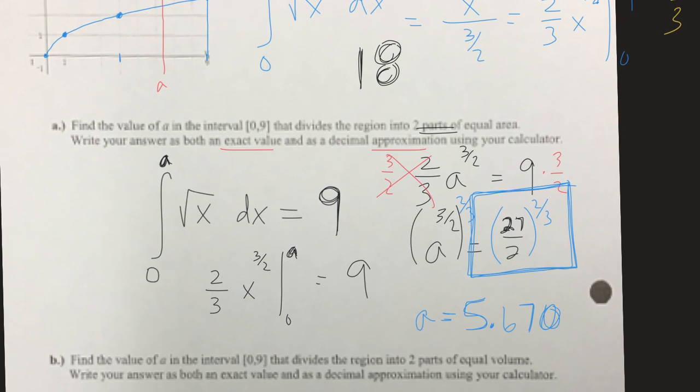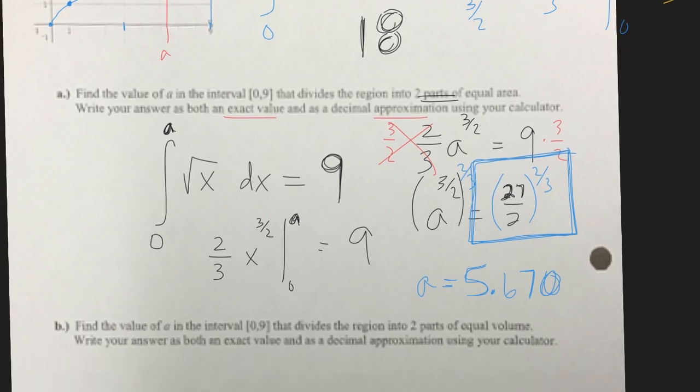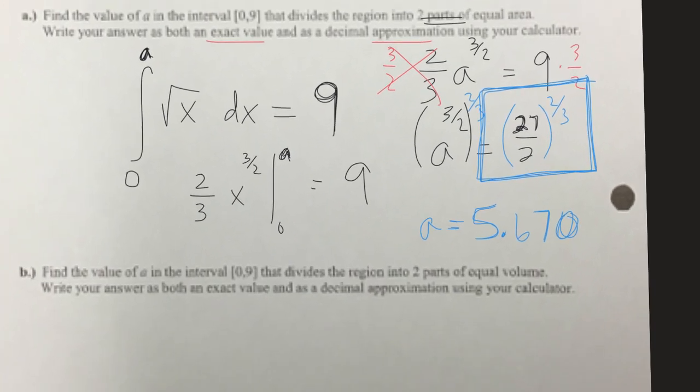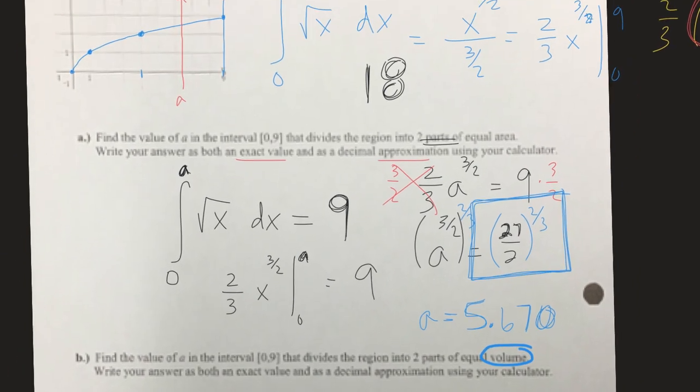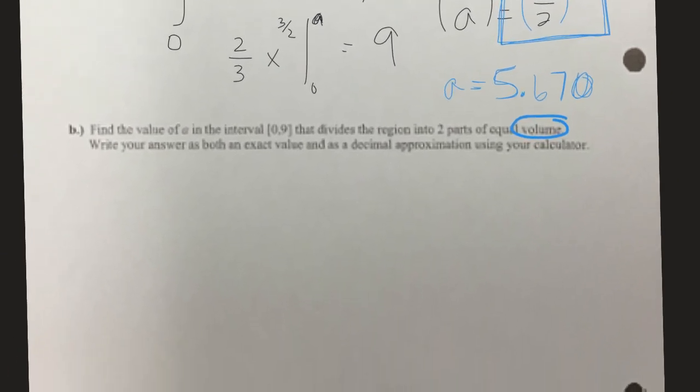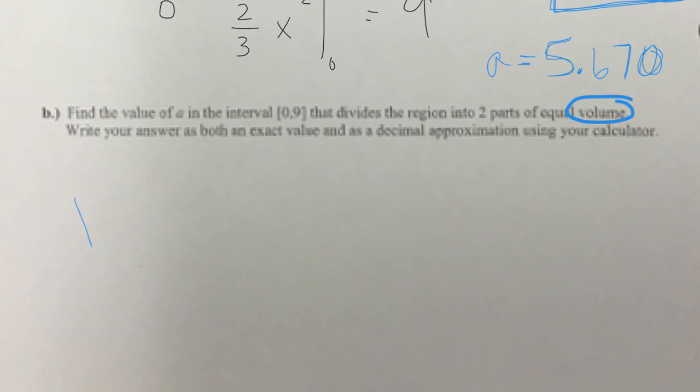Okay, so part B says something about the volume, right? So now we are rotating it around the x-axis, and we're going to get a volume. Okay, so volume equals pi times the integral from 0 to a of root x squared dx, right, because it's pi r squared.